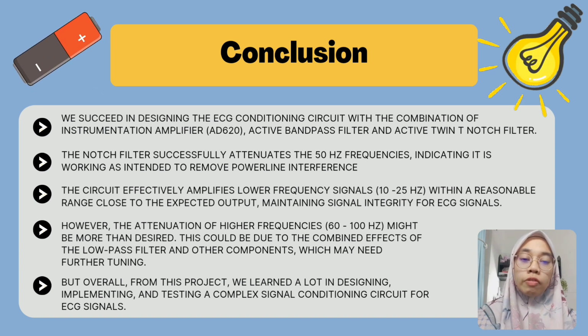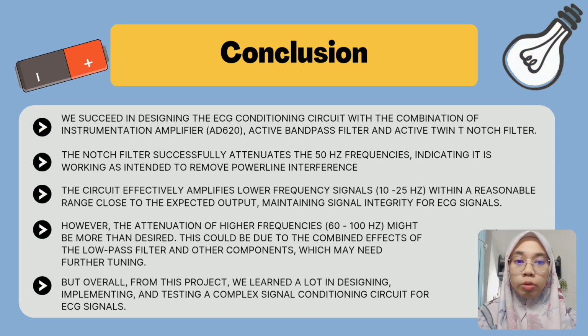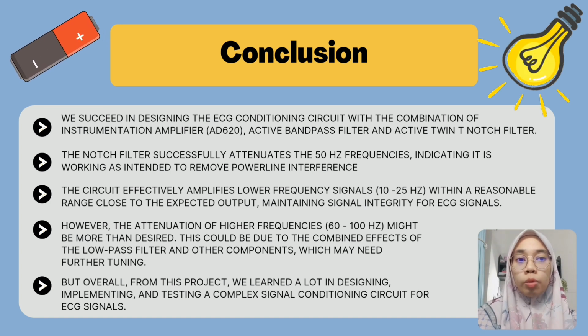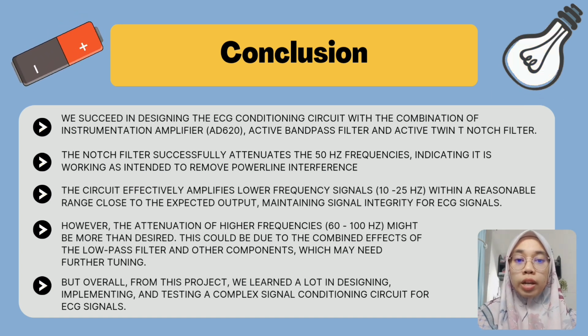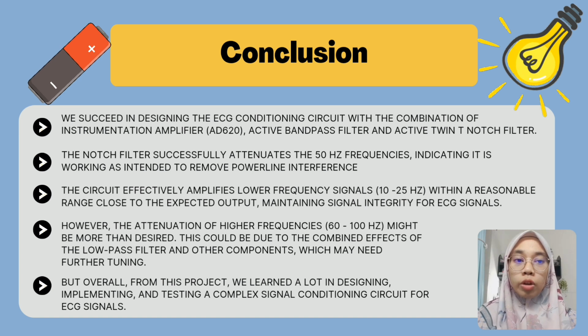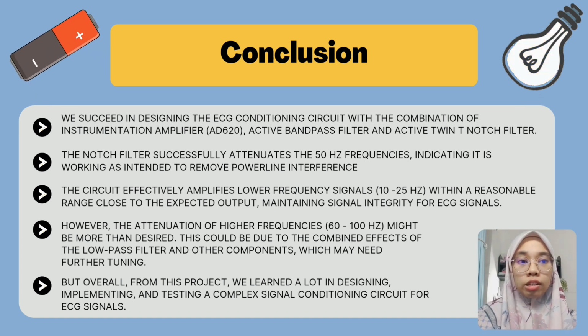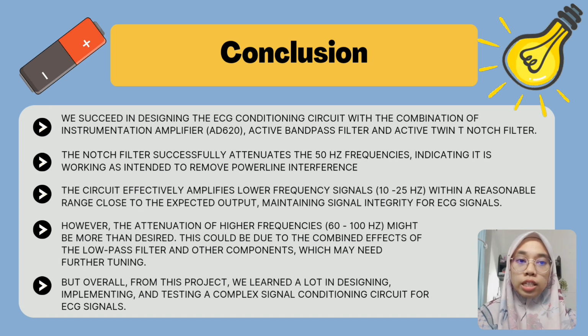However, the attenuation of higher frequencies might be more than what we expect. This could be due to the combined effects of the low-pass filter and other components, which may need further tuning. But overall, from this project, we learned a lot in designing, implementing, and testing a complex signal conditioning circuit for ECG signals.